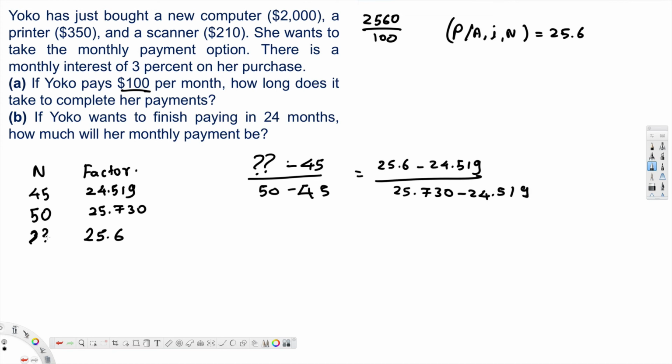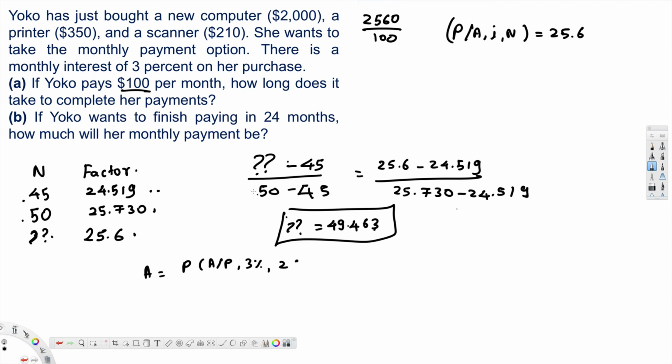So here you can see this one minus this over this one minus this, and in the next one we have this one minus this over this one minus this, and from this we can solve for this question mark, and if you solve for it, you will get 49.463. This is the A part, the number of months, which we calculated right here.